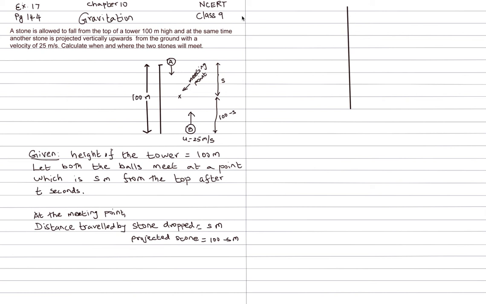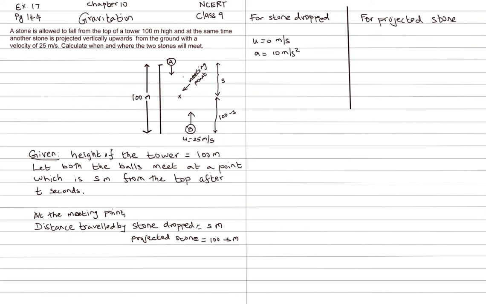So for the dropped stone, u is equal to 0 meters per second. a is equal to 10 meters per second squared.